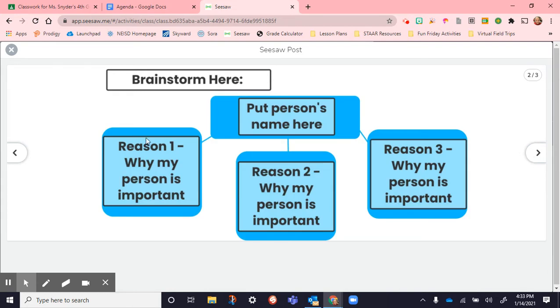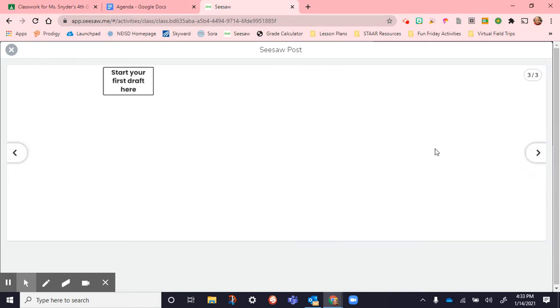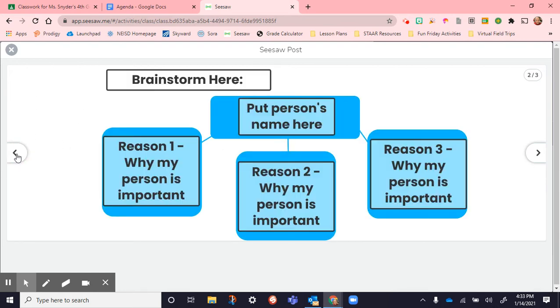Okay, so make sure that you've got those reasons all organized, really doing that planning and brainstorming beforehand, before you start your draft here. So for your first draft, you're going to make your introduction. You're going to have your body where you're describing.